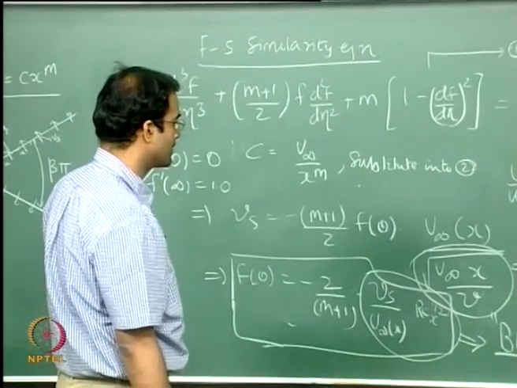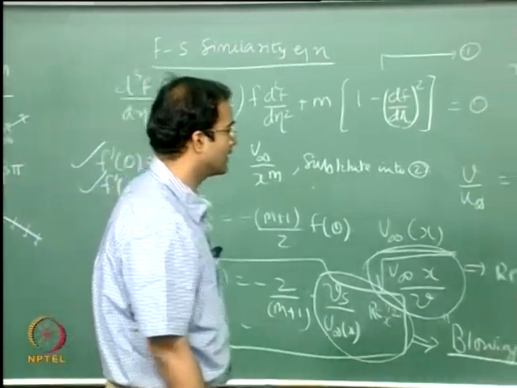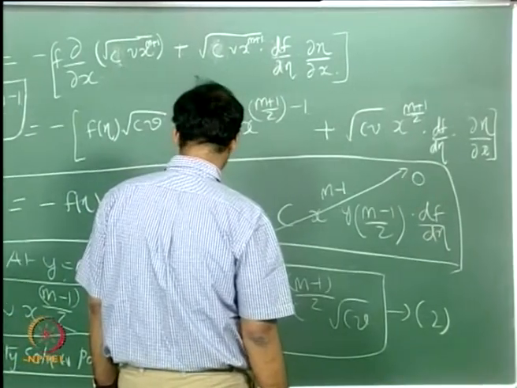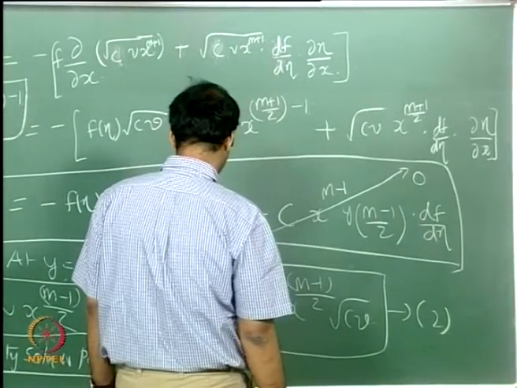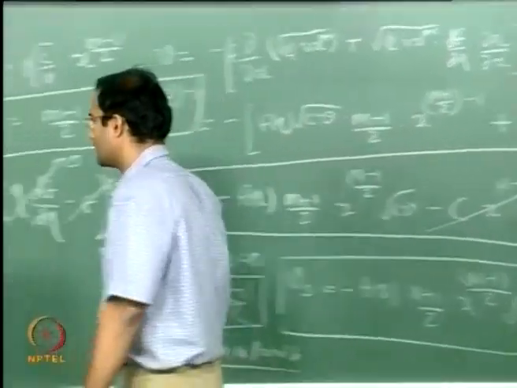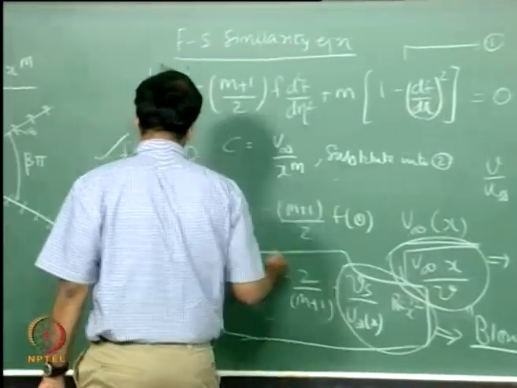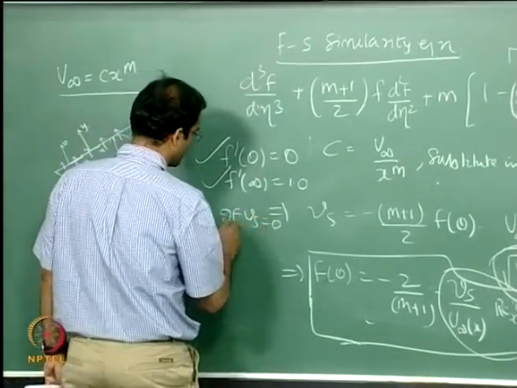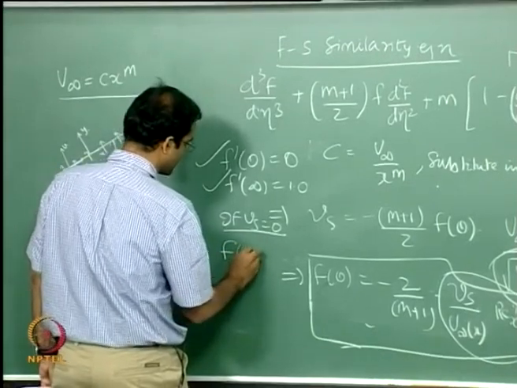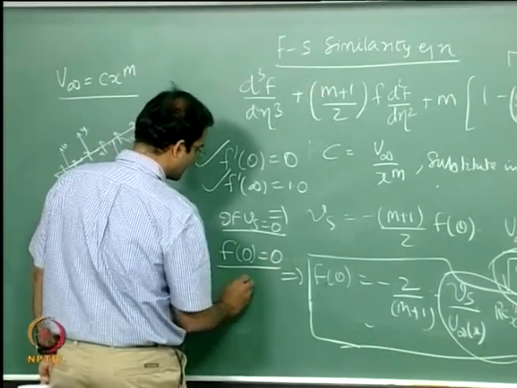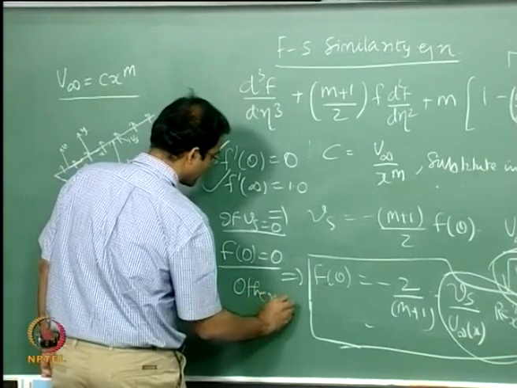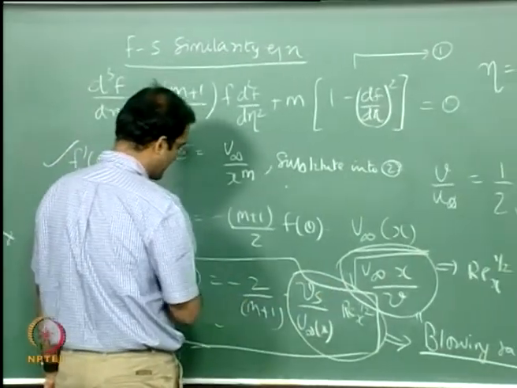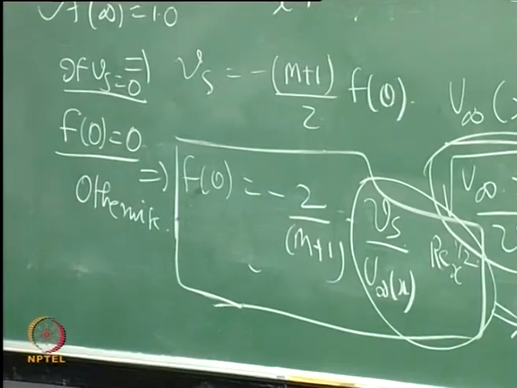So when m equal to 0, Vs varies as x power minus half. And if you don't have any transpiration velocity, of course this will be 0. So if your Vs is equal to 0, this gives your f of 0 as exactly 0. Otherwise, this is your corresponding expression. So you know what the blowing ratio is, and depending on that you calculate the constant value of f naught.